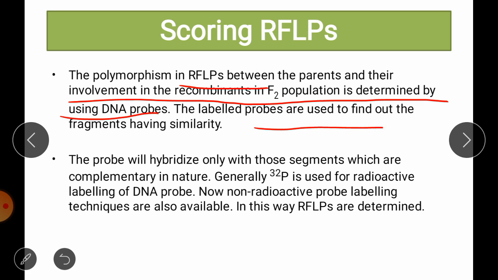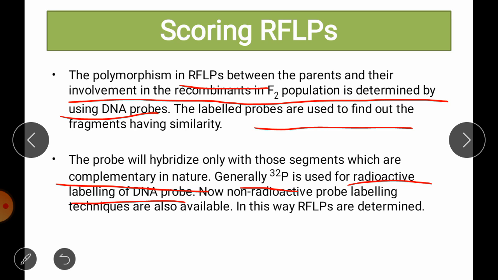Labeled probes are used here to find the fragments having similarity. The probe will hybridize only with those segments which are complementary in nature. Generally 32P, the isotopic form of phosphorus, is used for radioactive labeling of the DNA probe, so that will be used here.